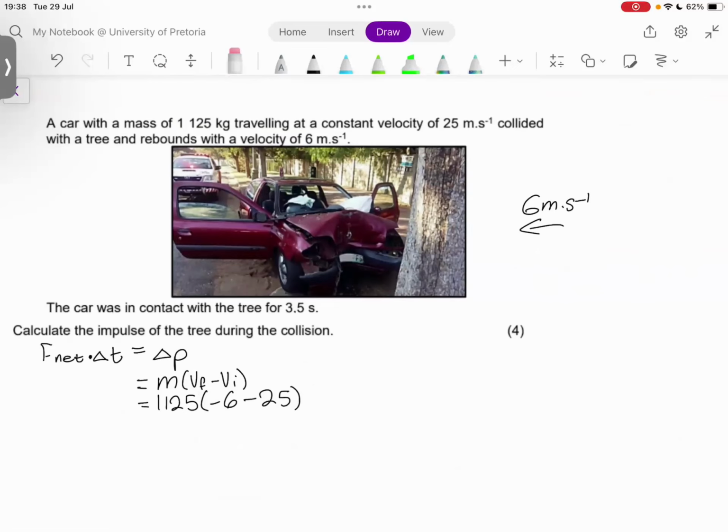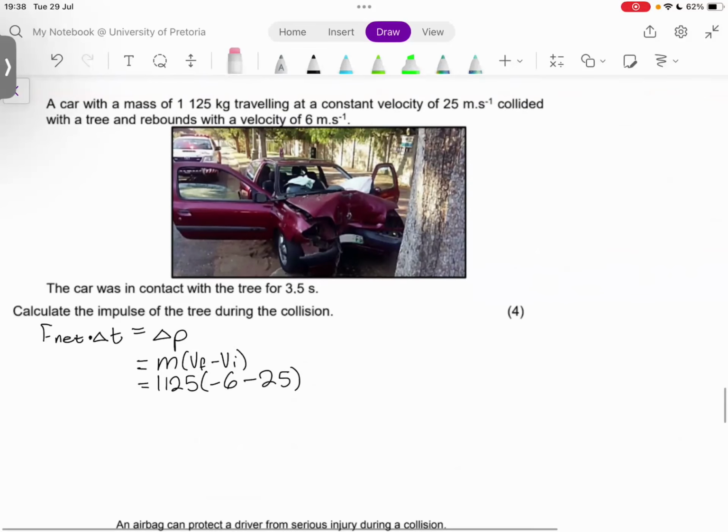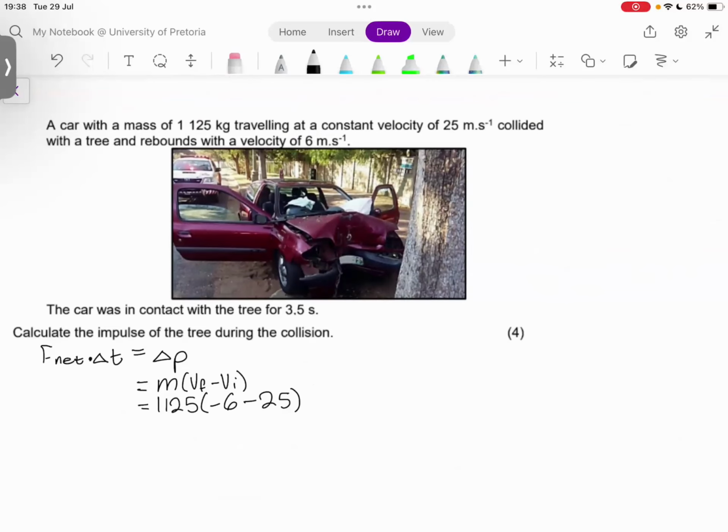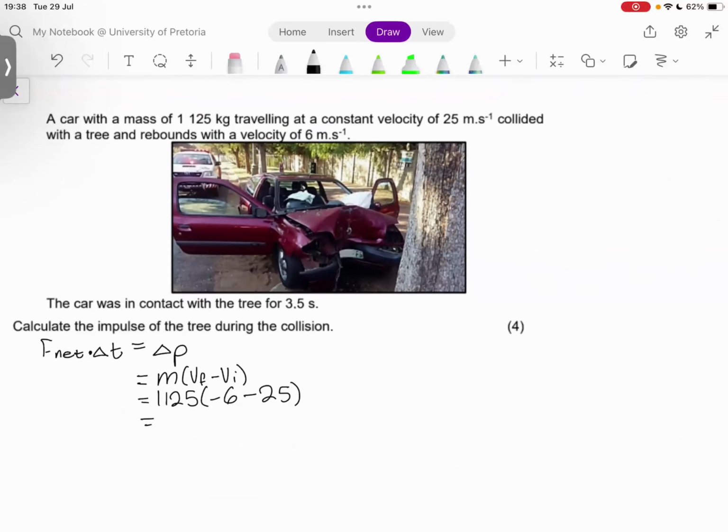Let's carry on with finding our impulse. The final value in this case, if I put that into my calculator, I get a value of minus 34,875.